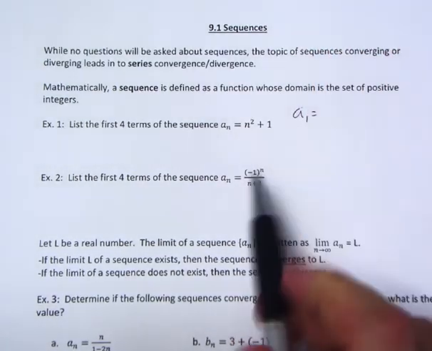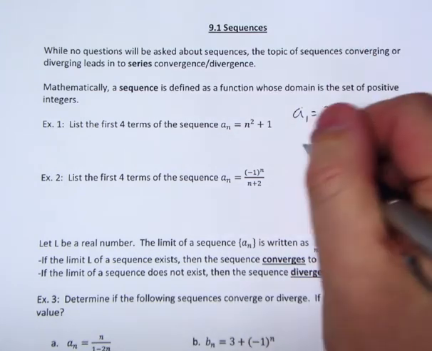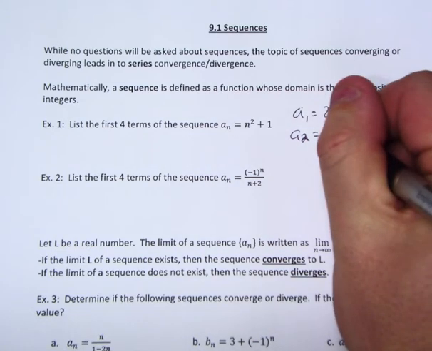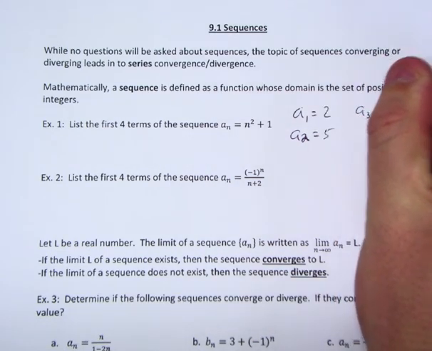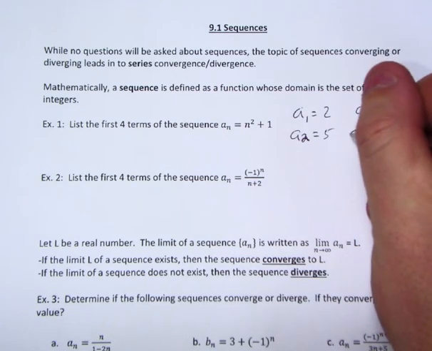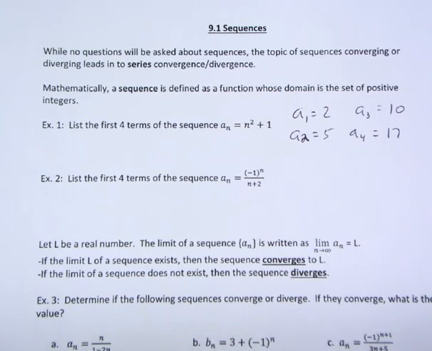We plug 1 in for n, and we get our first term to be 2. Then we plug 2 in for n, and we get 5. Plug 3 in for n, and we get 10. Plug 4 in for n, and we get 17. So the first four terms of this sequence would be 2, 5, 10, 17.